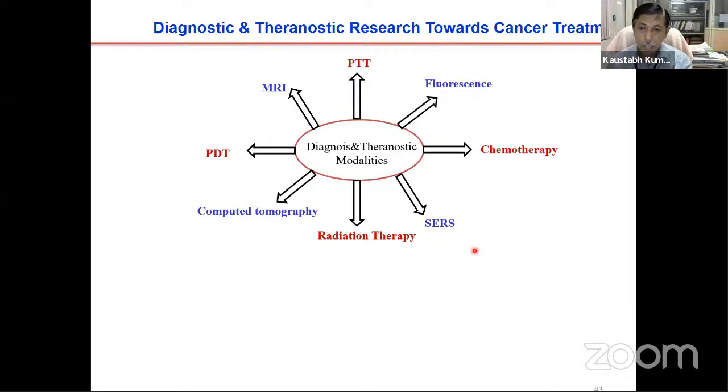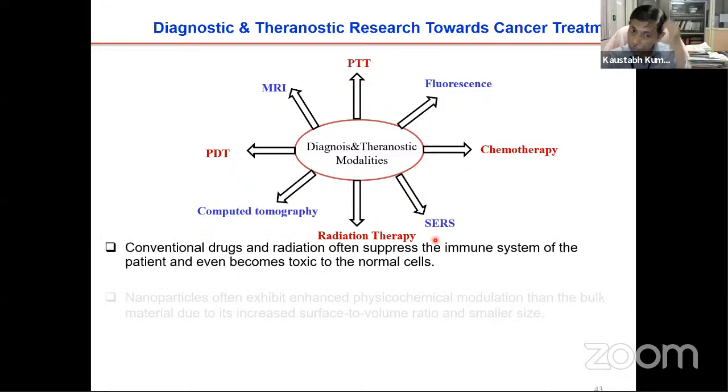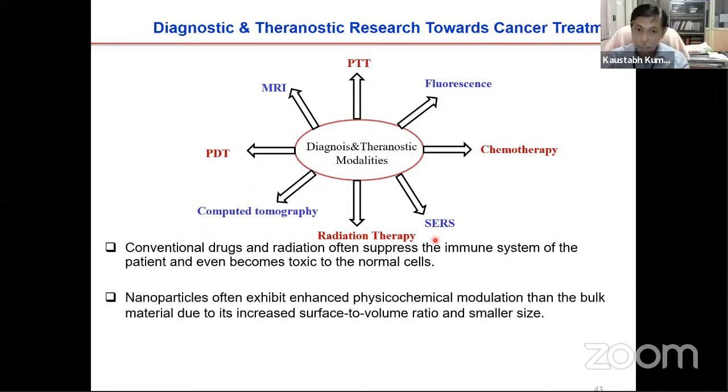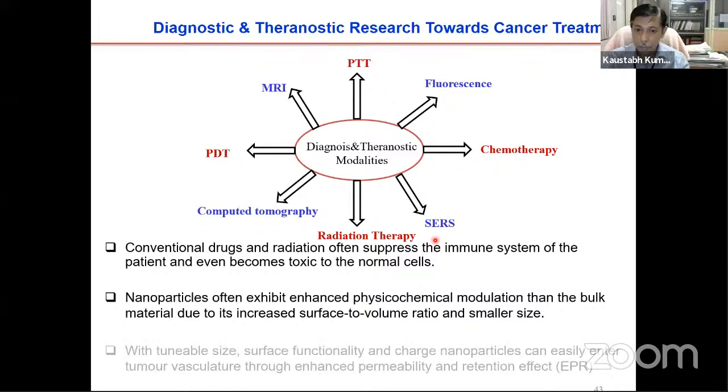One of the modified versions of Raman scattering is called surface enhanced Raman scattering, abbreviated as SERS. This has huge features and huge importance as a diagnostic modality. I'll give you some insights into SERS as a diagnostic modality, and these are the combinations why these kinds of modalities are used, as I already discussed earlier.